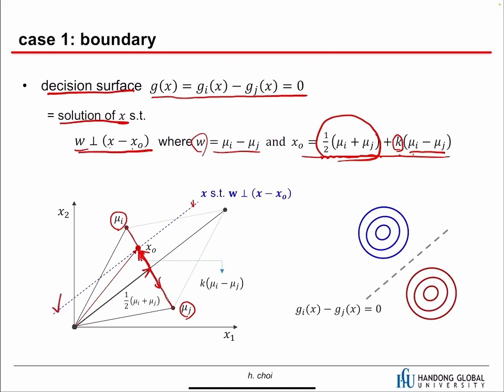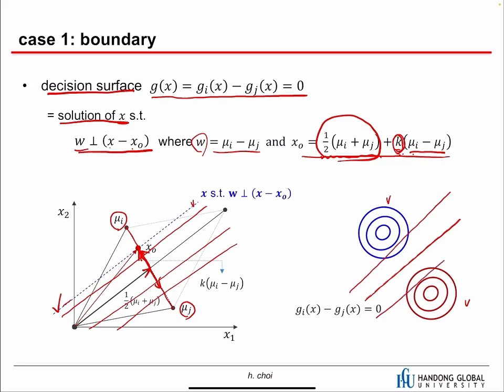This blue dotted line moves from here, and if k is small, it could be this, depending on the value of k. So when we have two Gaussian distributions like this one and this one, if they have the same prior distribution, then the decision boundary is right in the middle of the two distributions. But depending on k, the boundary could be here or here.